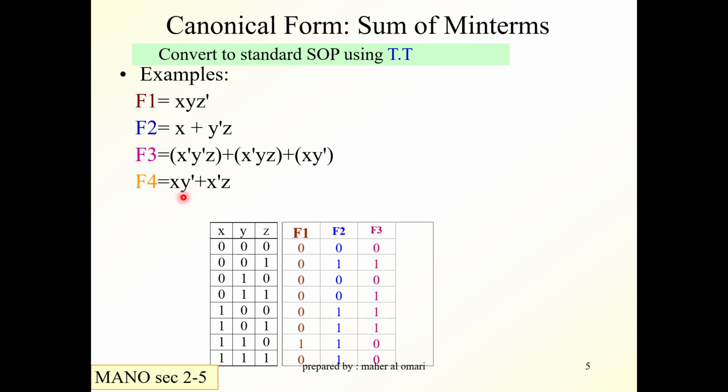Now we find F4: x equals 1, y equals 0, x equals 0, z equal to 1. So F2, for example, is the sum of minterms 1, 4, 5, 6, and 7. F4 can be put as the sum of minterms 1, 3, 4, 5.